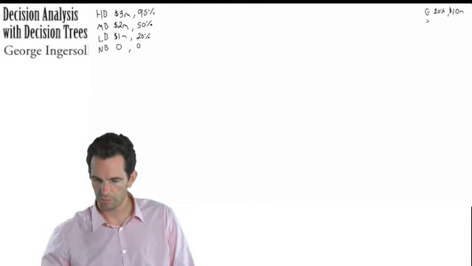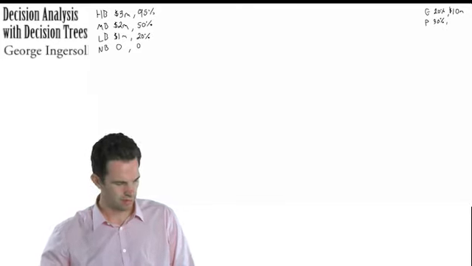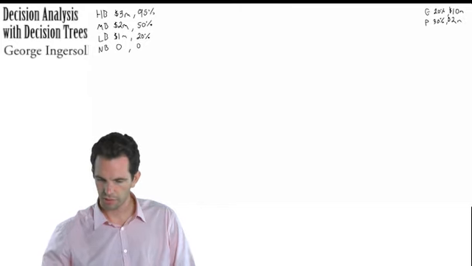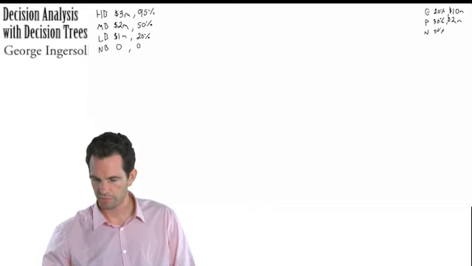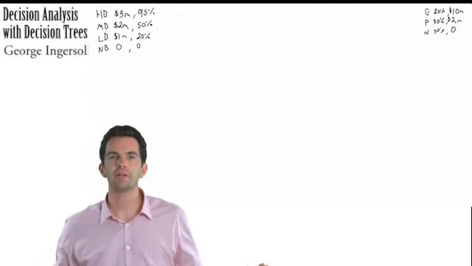We have a possibility of a poor yield, which is 30%, and that gives us a payoff of $2 million. And then we have no yield, which is a 50% chance, and no dollars.